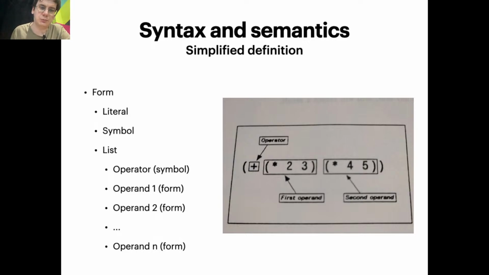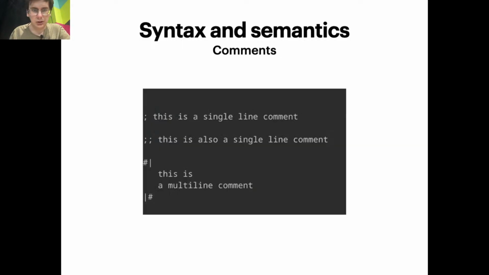Usually, if it's a language form, it starts with a symbol, and then every other form can follow. You can see this on the diagram. This is the form that multiplies 4 numbers and then adds the results. So it has a recursive structure.